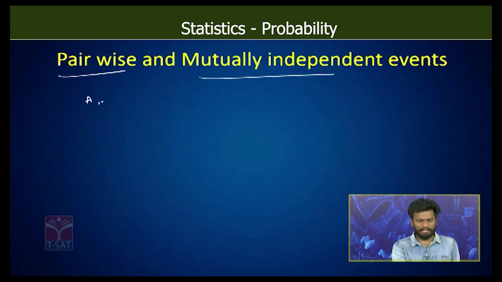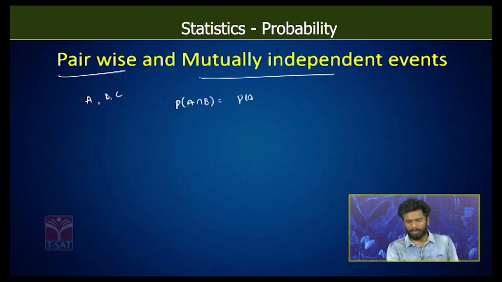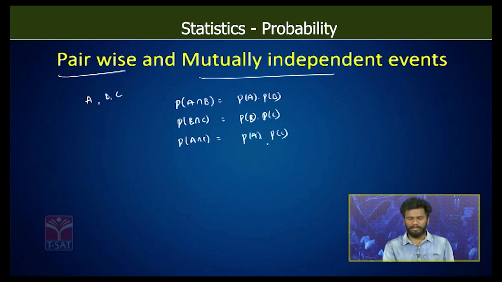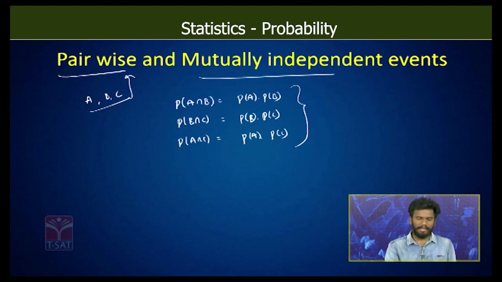Now let's consider three events A, B and C. Now probability of occurrence of A and B is probability of occurrence of A into probability of occurrence of B. Probability of occurrence of B and C is given by probability of occurrence of B and probability of occurrence of C. Also probability of occurrence of A and C is given by probability of occurrence of A into probability of occurrence of C. So when these three statements are satisfied, then we say that A, B, C are pairwise independent events. Apart from these three, there is one more statement.